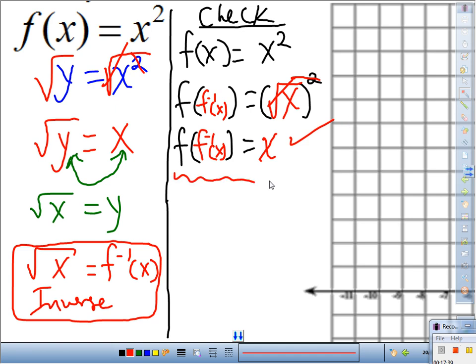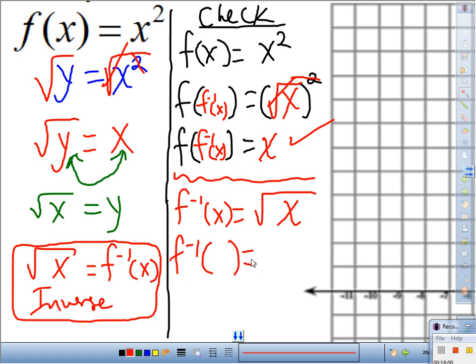All right, so we already checked that this is the inverse of that, but now we need to check that that is the inverse of this one. So now I'm going to write the inverse. I'm going to write f inverse of x equals square root of x. So for the second step, I write f inverse of parentheses square root of parentheses.